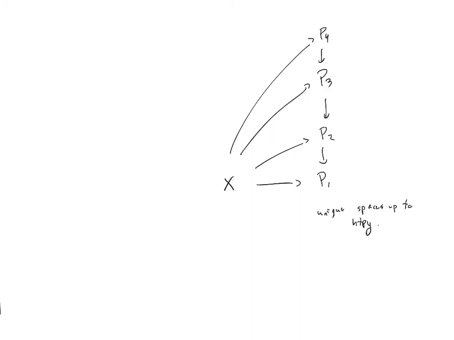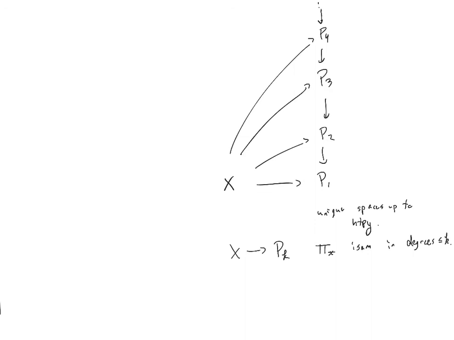And it keeps going up, but notice the maps are from X going into it, and the kth level, so Pk, the map from X to Pk is a pi star isomorphism in degrees less than or equal to k.